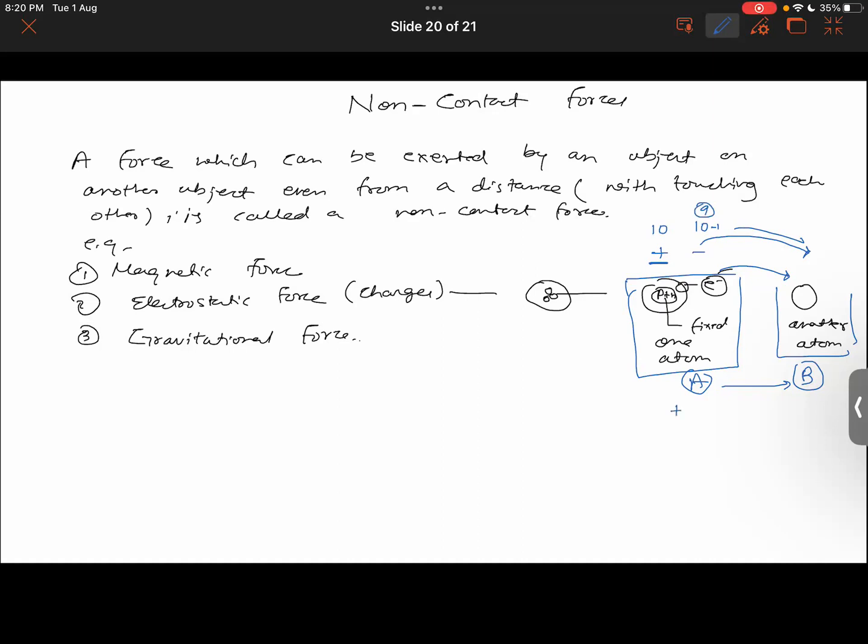So it has one positive charge now, and the other will have one extra negative charge. This is how bodies develop charges, and the concept of electricity is based on the transfer of electrons from one place to another. Okay, so we will discuss each of them.